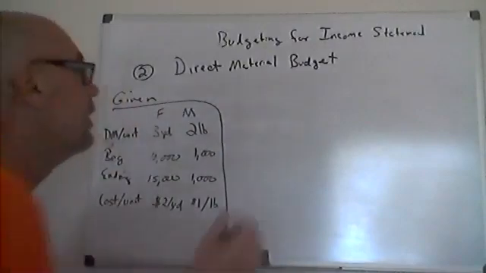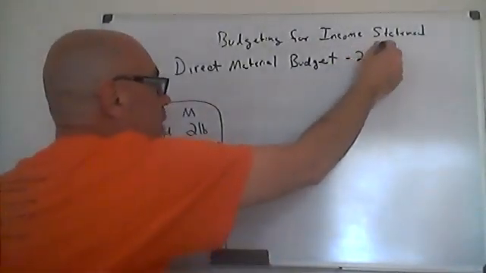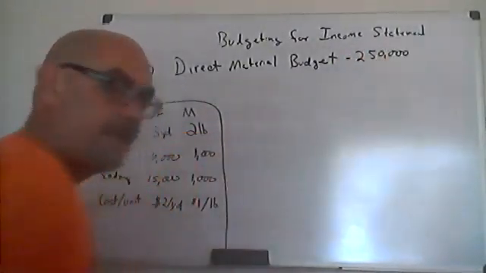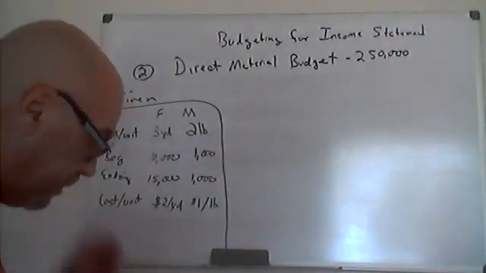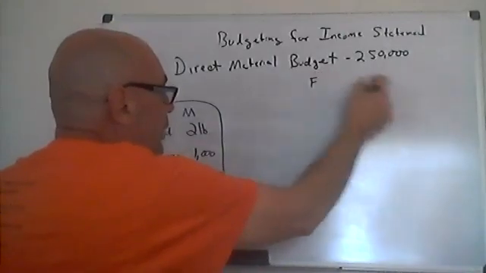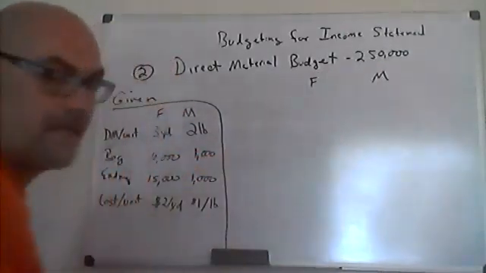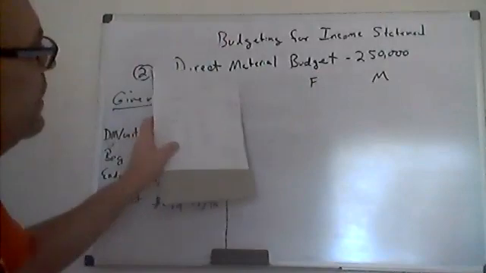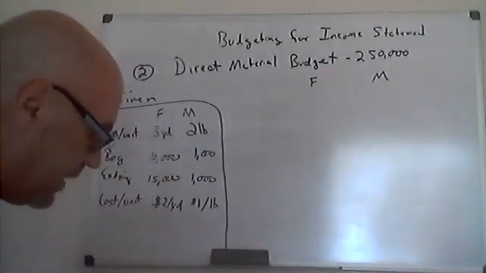Okay. So we need to produce 250,000 units. We're going to again break this into 2 parts. This is now our budget. We're going to use this given information. I'm going to make the budget over on this side.